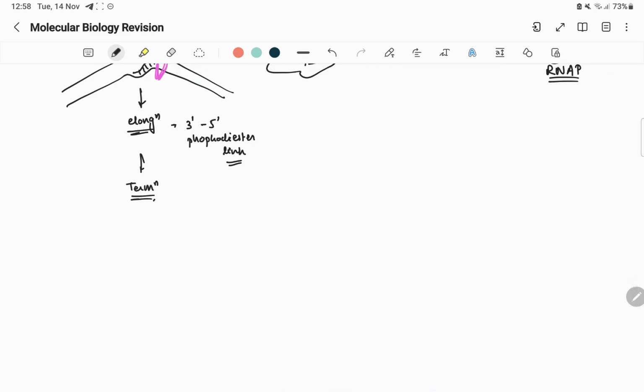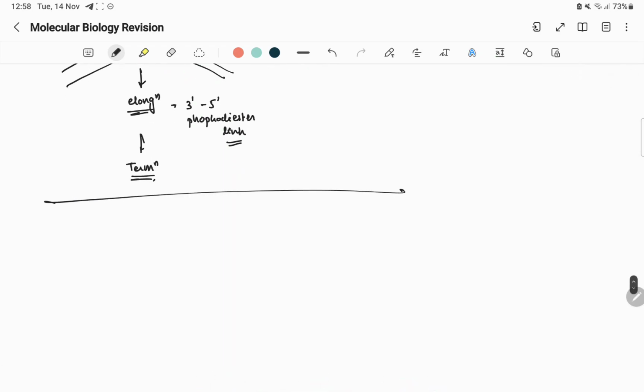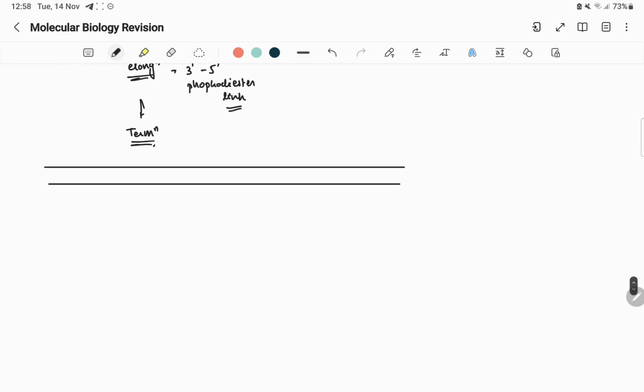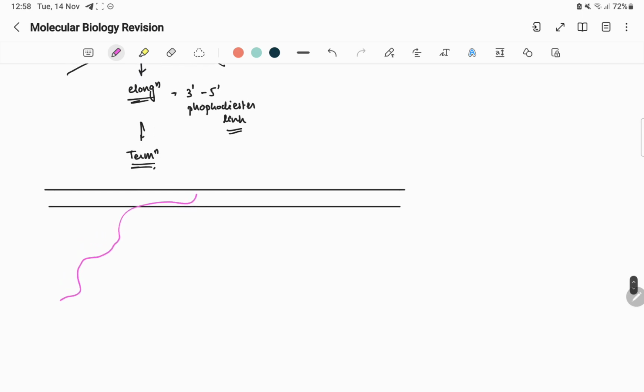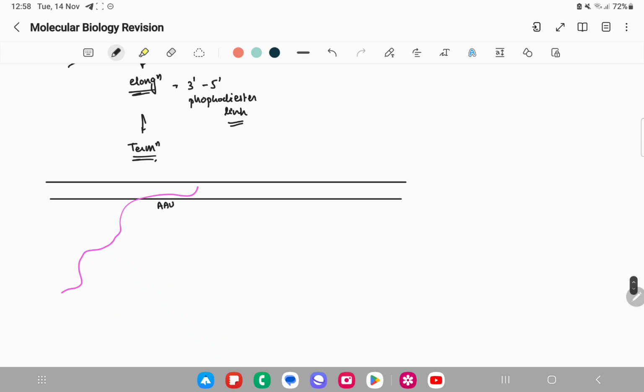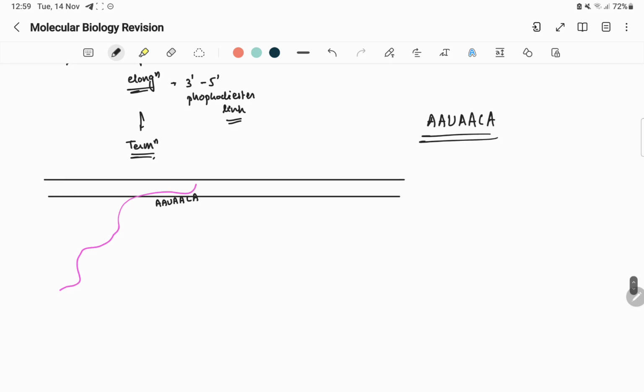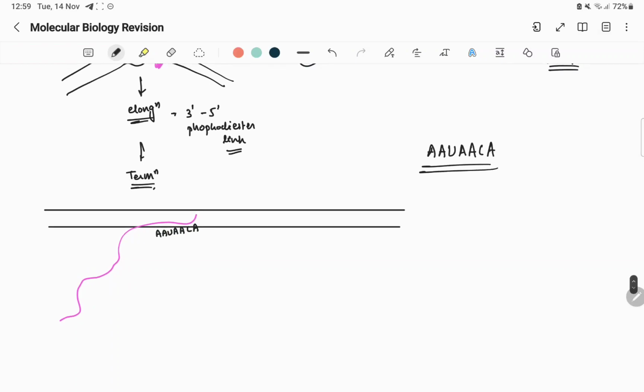For termination we have two other factors. So let's say here is our RNA transcript. Here we have a sequence AAUAAA.